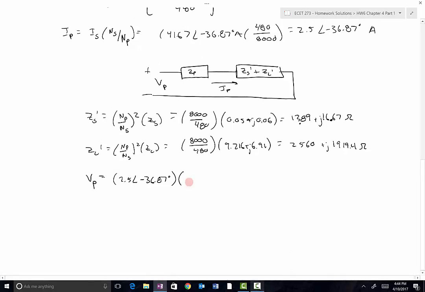Oh, I don't want to close those parentheses. Plus ZS reflected plus ZL reflected.